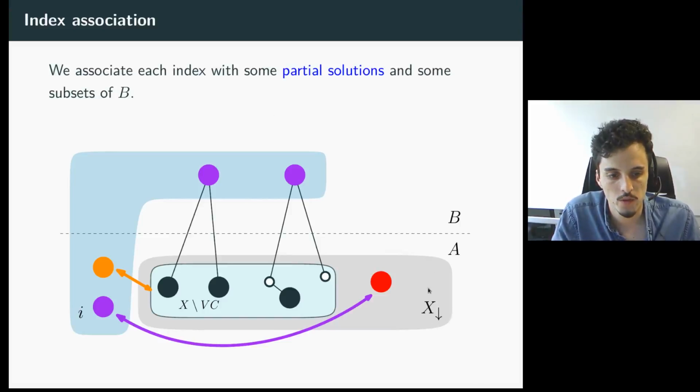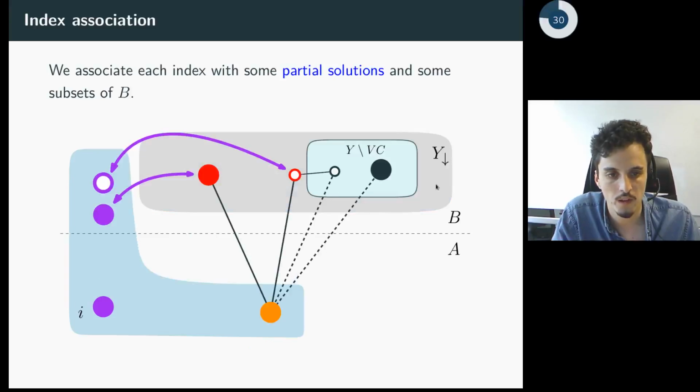For the partial solution, we say that X is associated with I if after the contraction we can map each representative of the vertex cover to some vertex in X, and the remaining vertices, those that are not mapped to the vertex cover, are equivalent to this orange representative. And we also require that the graph induced by the representatives on this side and X is a forest.